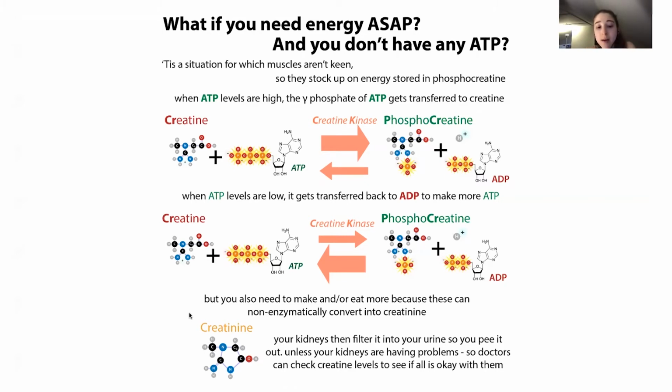But sometimes you might have heard of creatinine in terms of doctors running tests to test creatinine levels. So this is because of the whole kidney thing. Because your kidneys are responsible for helping filter out this creatinine, this waste product, if you have problems with your kidneys, then you can have problems with getting rid of this creatinine.